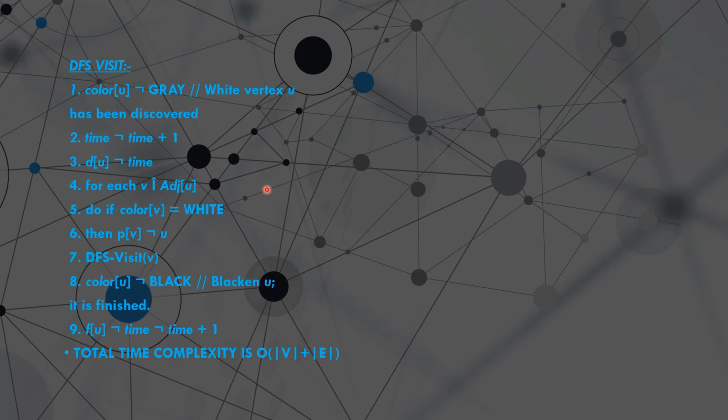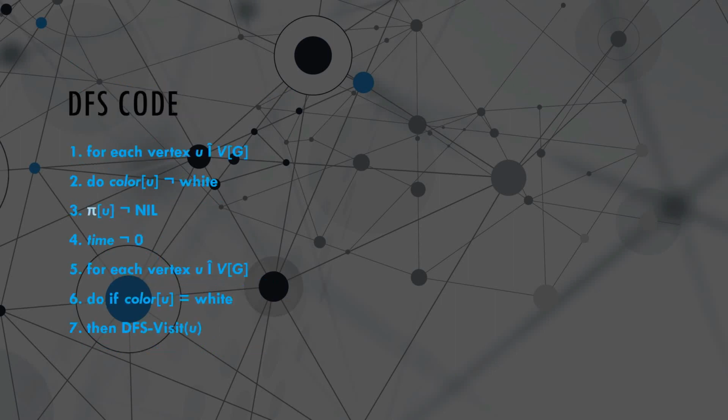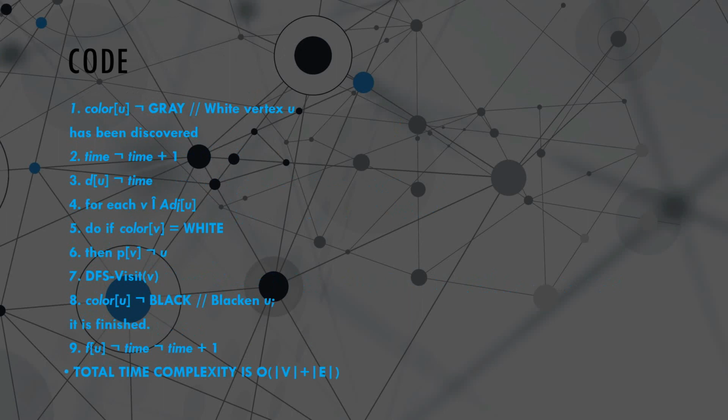And if there are any white vertices, they are visited again. So it can be said to be a recursive call as in the previous part. So here the time complexity can be said to be order of E. If we sum up all the time complexity of the pseudocode that has been described, the total time complexity will be order of V plus E.